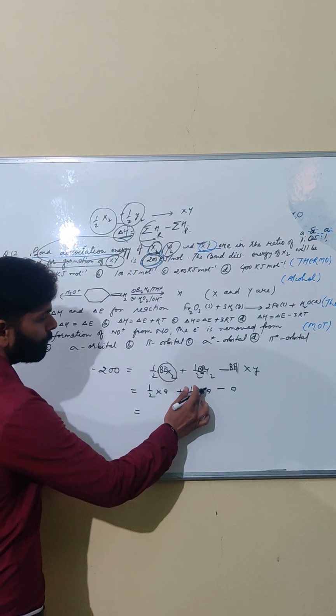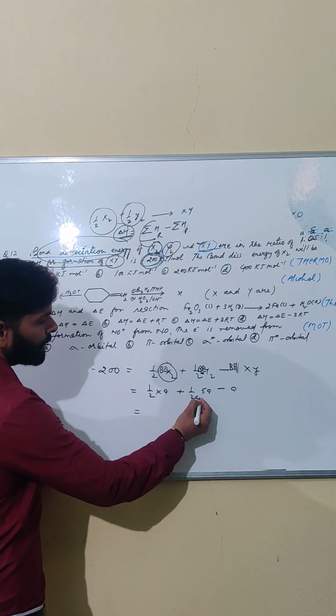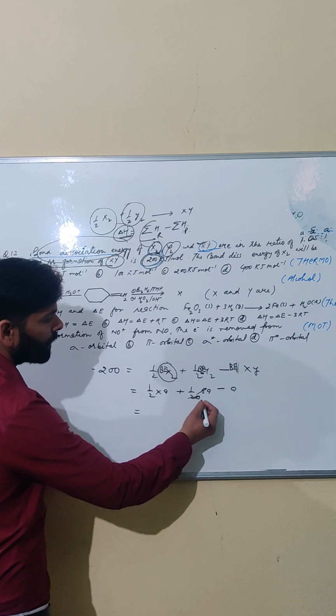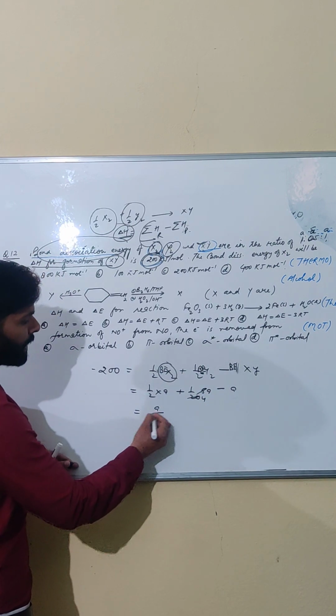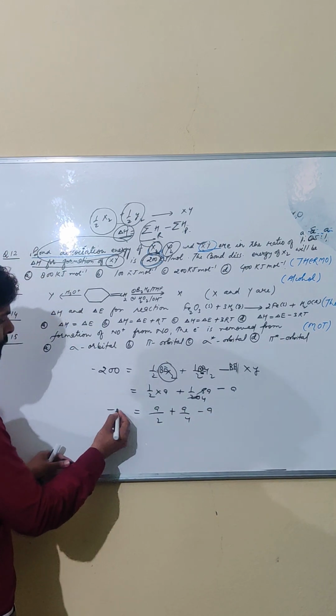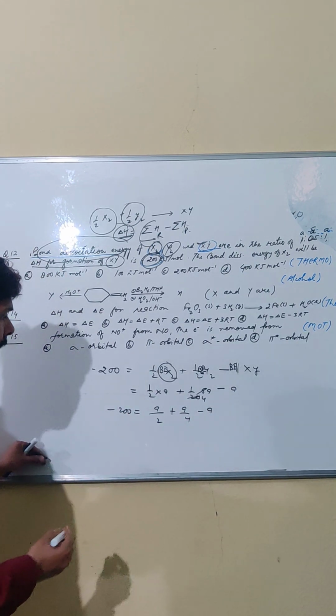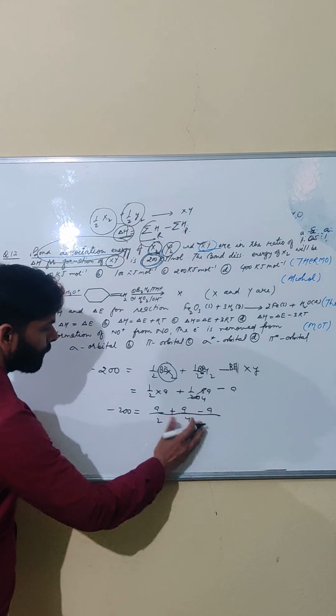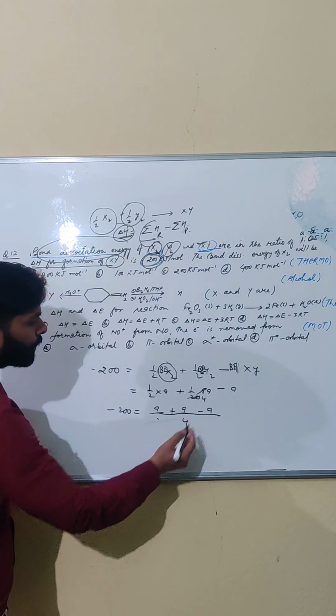So it becomes A upon 2, A upon 4, minus A, equals minus 200. Taking the LCM, it will become 4.